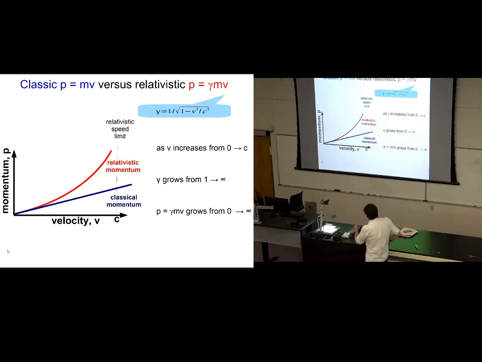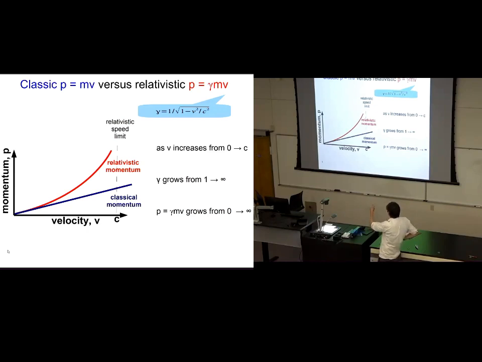That's why the relativistic momentum initially corresponds to the classical momentum at low speeds, gamma's 1, but then gamma starts to get bigger than 1, and so the relativistic momentum gets bigger than the classical momentum.